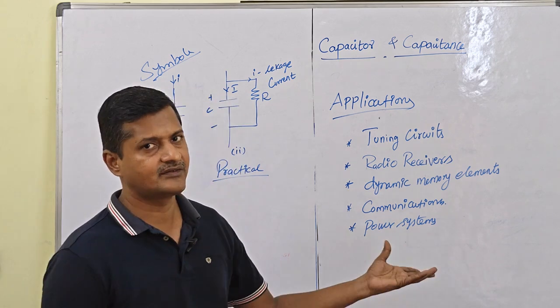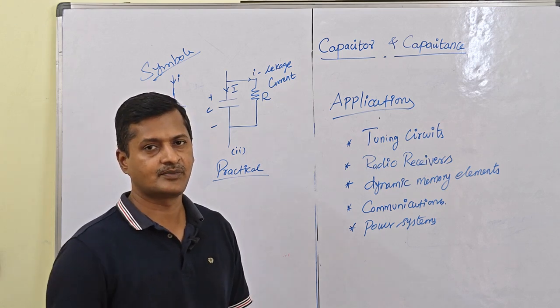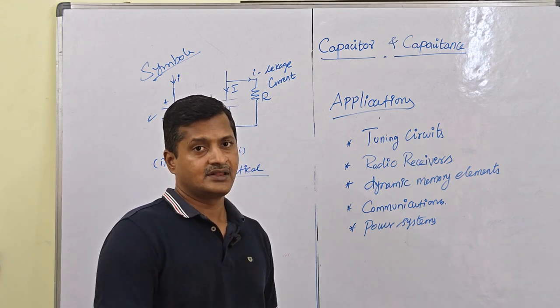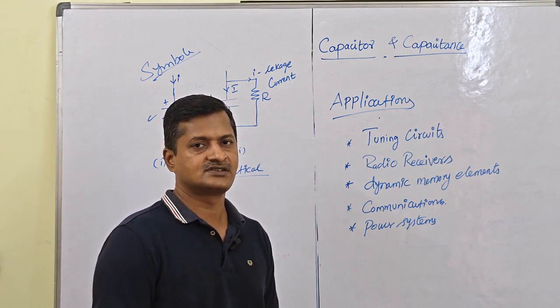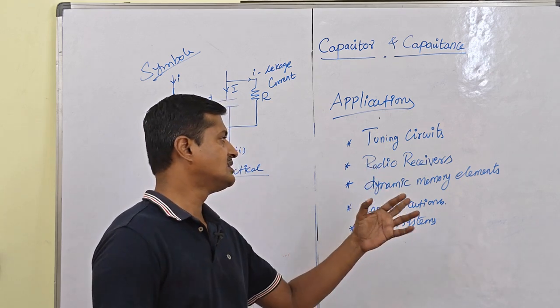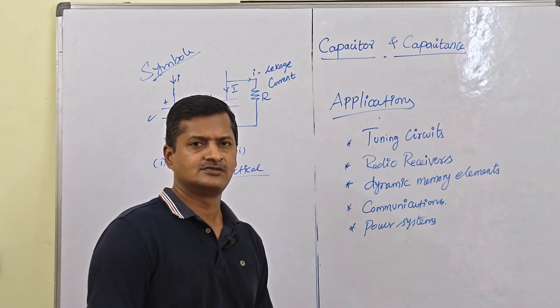These are some of the applications related to the capacitor. To remind ourselves, the applications we see in real time are tuning circuit, radio receiver, dynamic memory element, communication and power system.